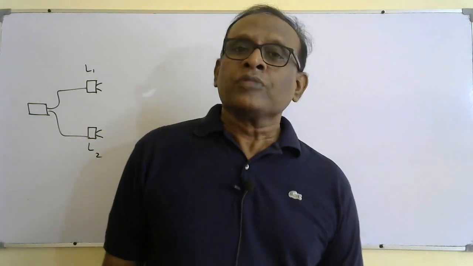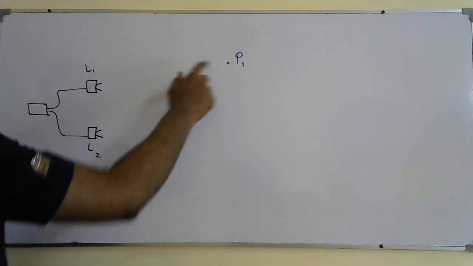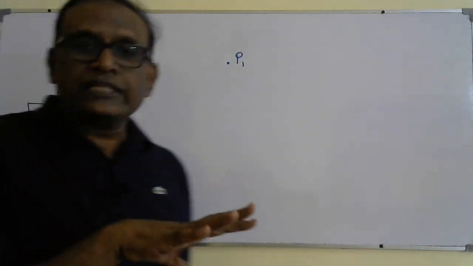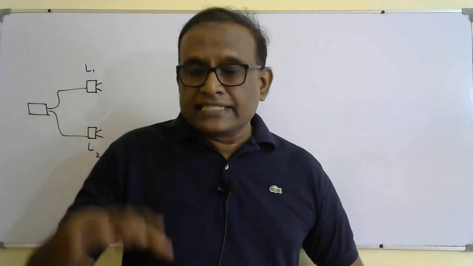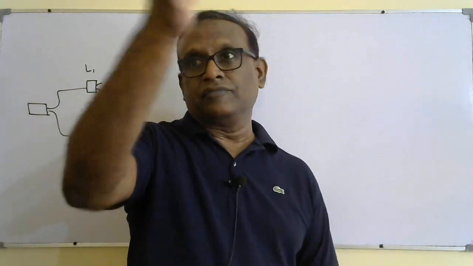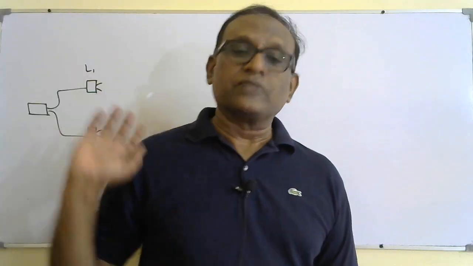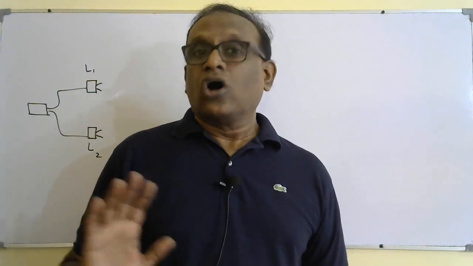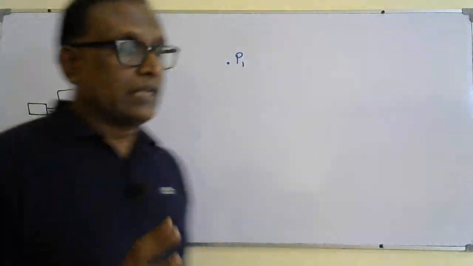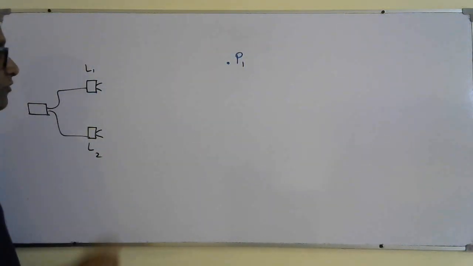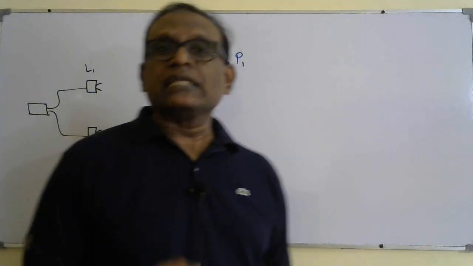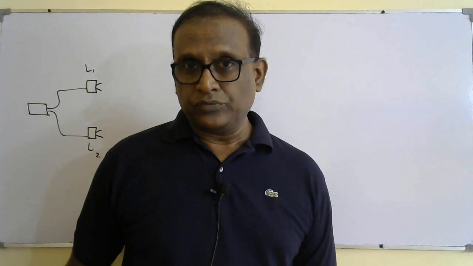At point P1, if the waves are overlapping in phase, and if you are doing this experiment in a very silent, large hall where we avoid all reflections from the wall, so there won't be any sound other than the sound emitted by the two loudspeakers, then you will get a louder sound at point P1.